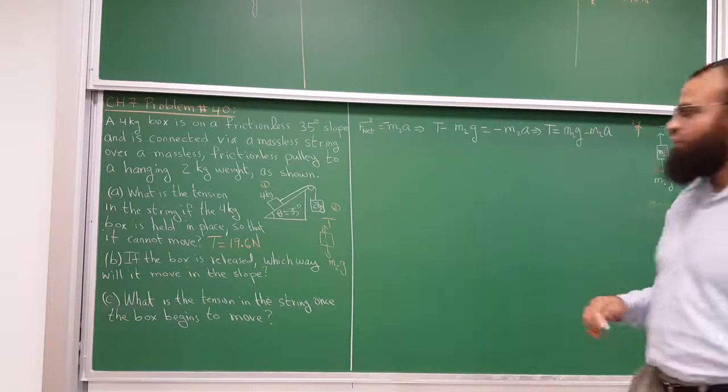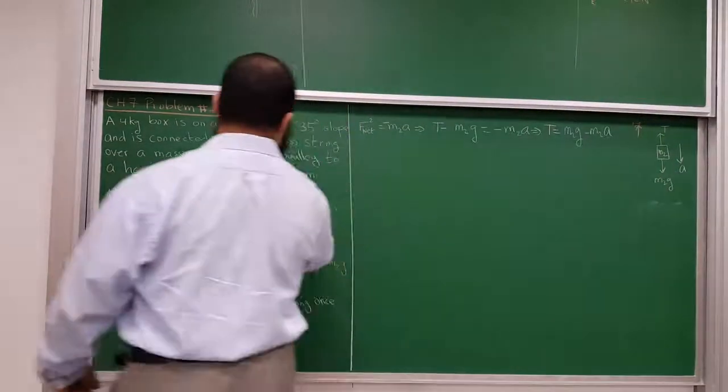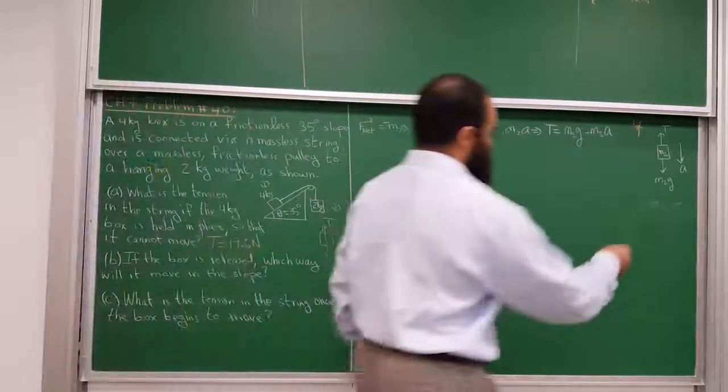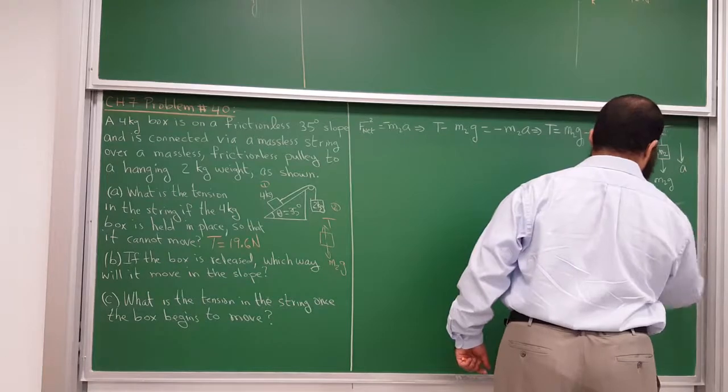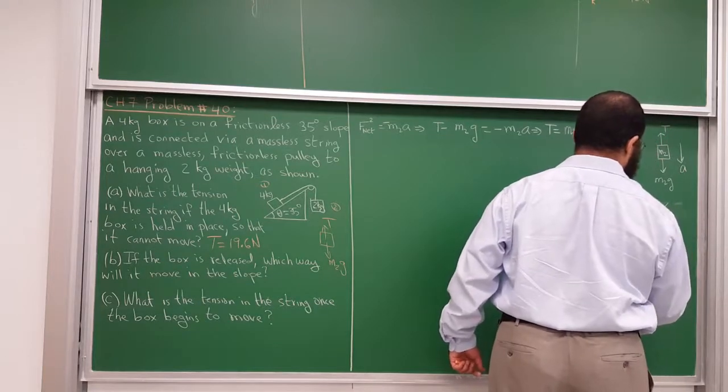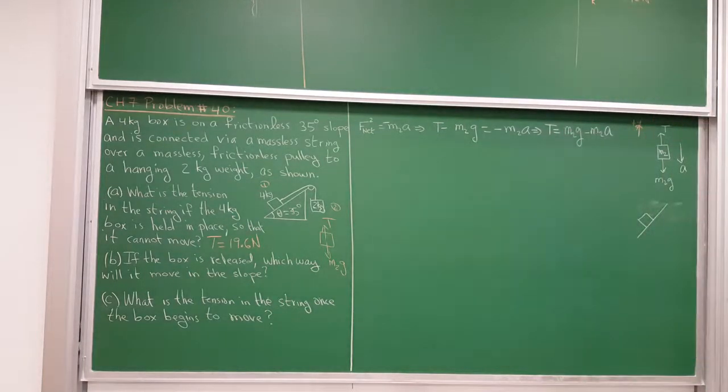That's the tension. Let's look at this box now, and let's draw something for it. Here it is. So what are the forces on it? Well, it's connected by tension, so there is tension this way, and it's the same tension because it's an ideal string.